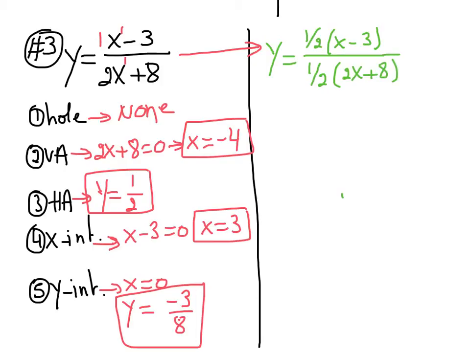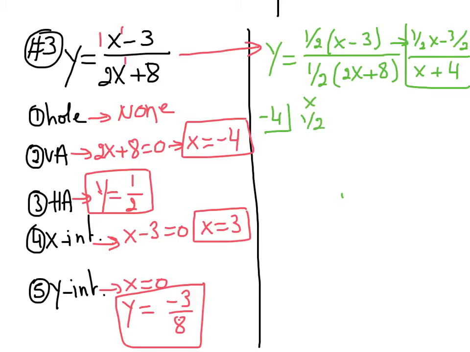If you were to multiply the top, you will have 1/2 x minus 3 over 2. If you multiply a half on the denominator, it will be x plus 4.